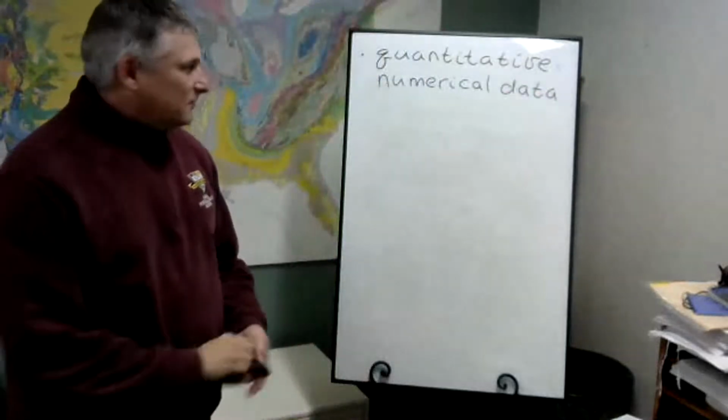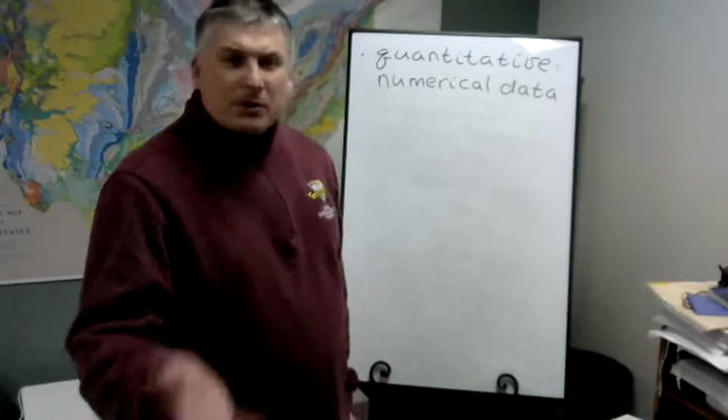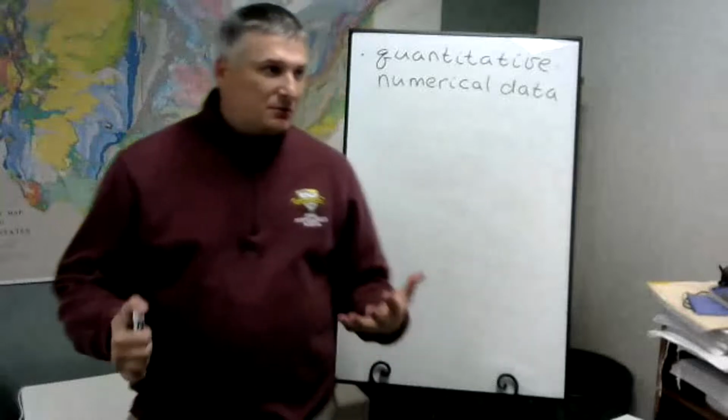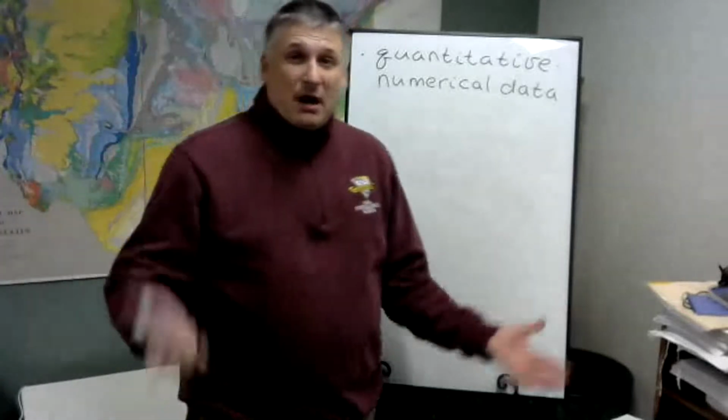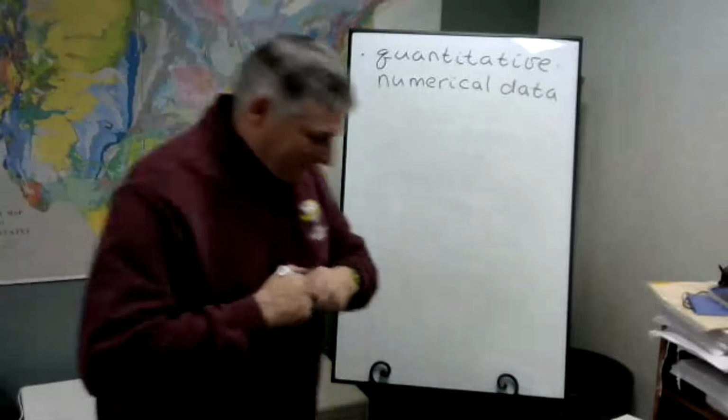So you could think of quantitative, quantity, how much of something, what number describes how much. It could be how many pounds, how many ounces, what's the temperature, how many inches, how many miles, how much of something. So numerical data.